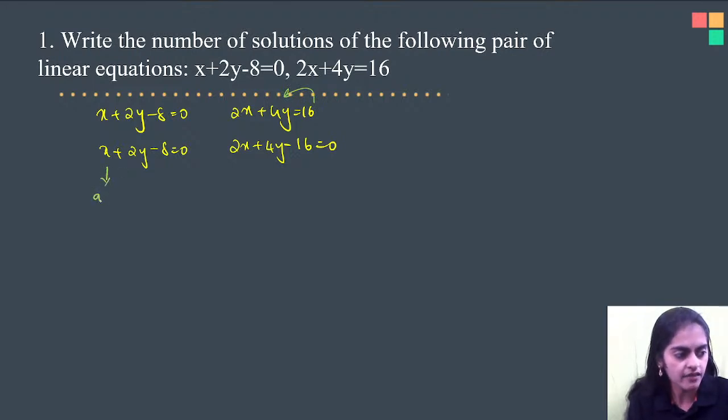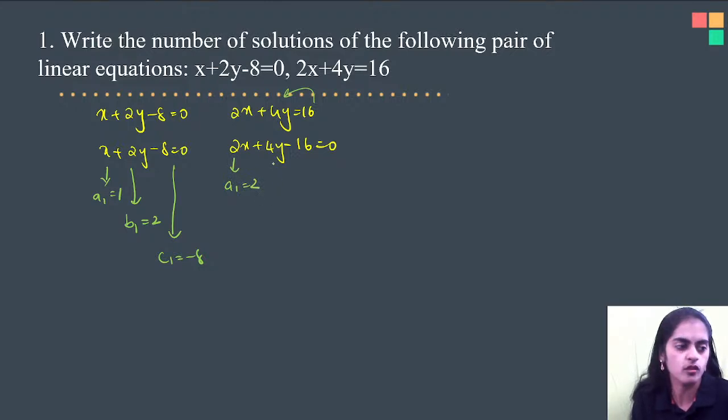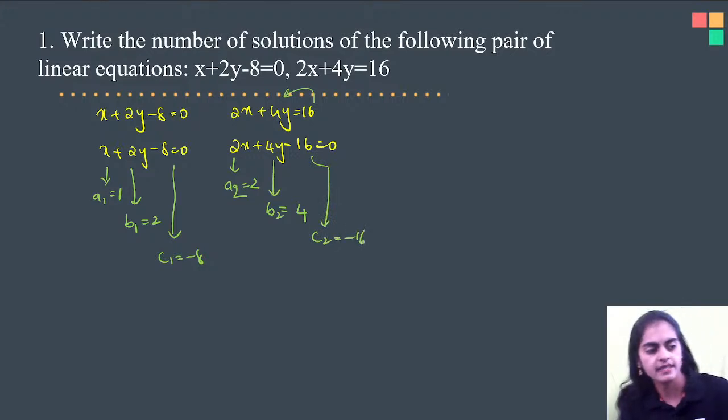Here a1 will be 1, the x coefficient is 1, b1 will be 2, the y coefficient is 2, and c1 is minus 8. For the second line, a2 is 2, b2 is 4, and c2 is minus 16.